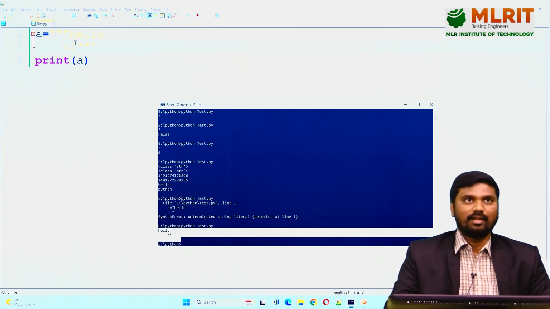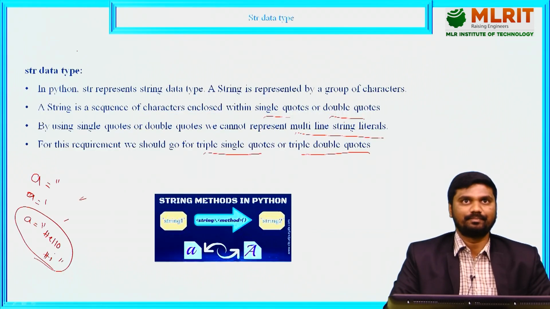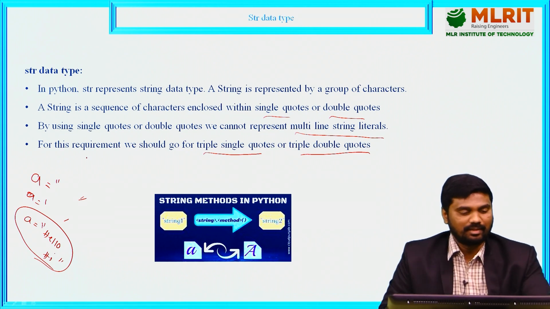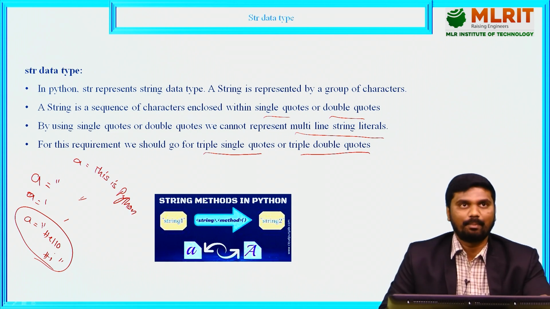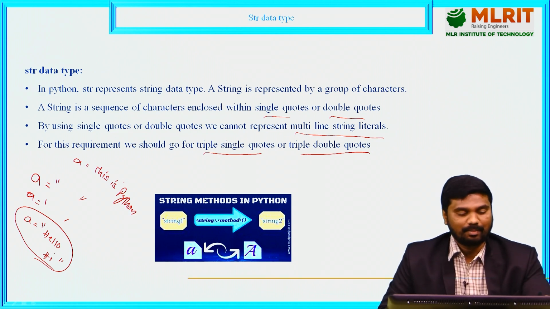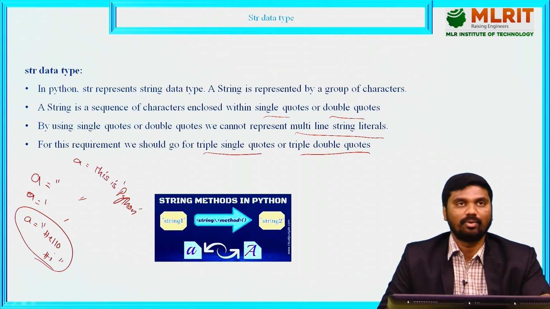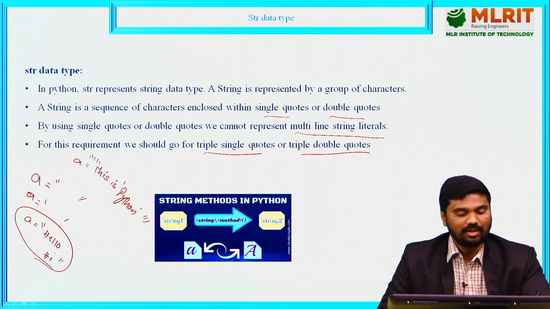Next, another advantage of these triple single quotes and triple double quotes is, see, if you want to represent, for example, A equals, this is Python, and you want to represent the word Python in single quotes, at that time you can use either triple double quotes or triple single quotes.